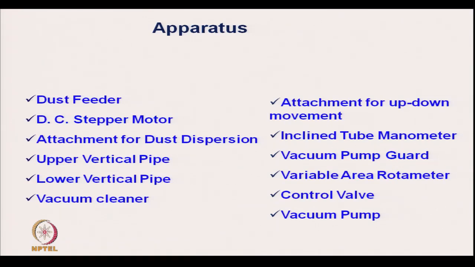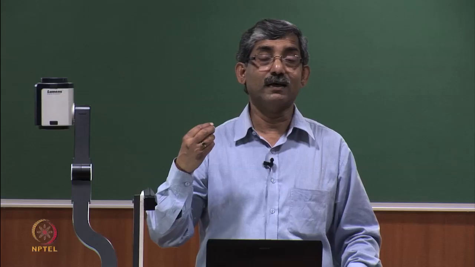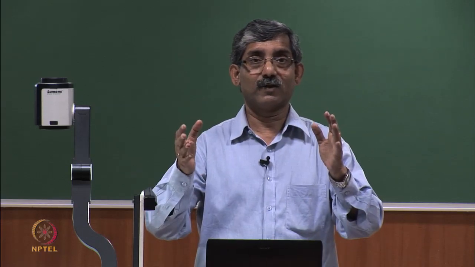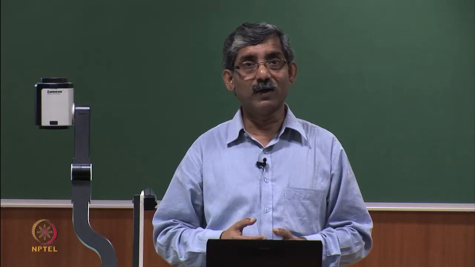This apparatus has different components: dust feeder, DC stepper motor, and attachment for dust dispersion. The dust feeder is responsible for feeding the dust at a certain rate into the filtration equipment.